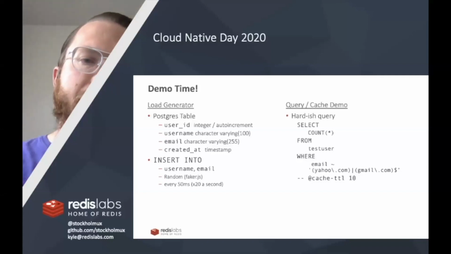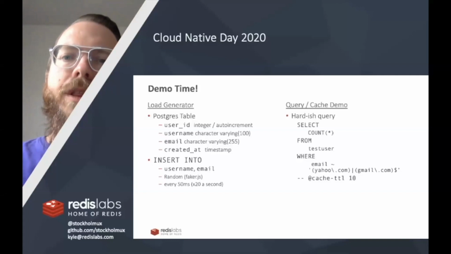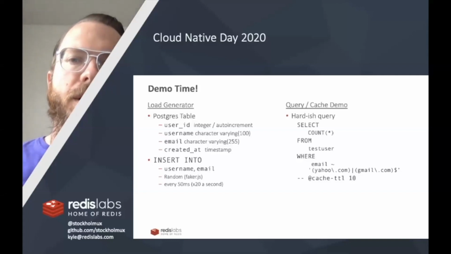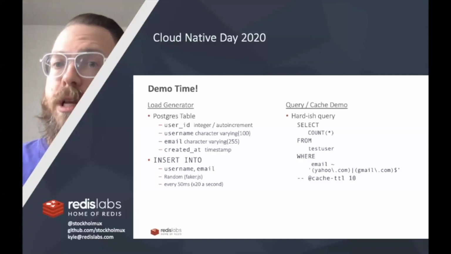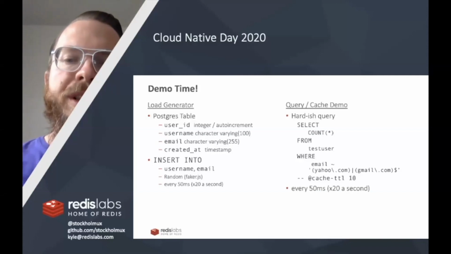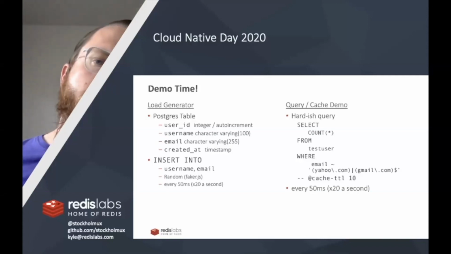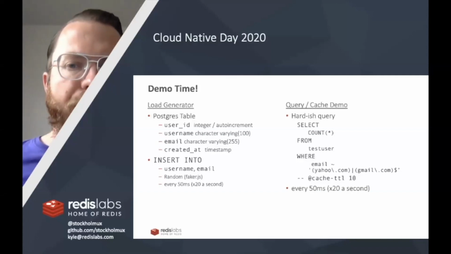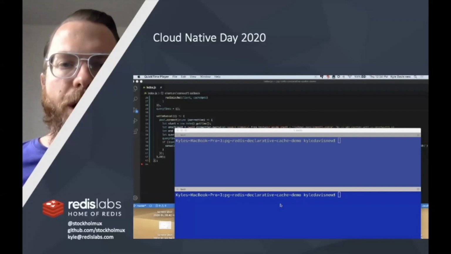The more items you add with the insert into and the load generator, generally the longer it will take for the query to run. So it's a pretty good use where you would want to cache that data. I'm running this every 50 milliseconds, so 20 times a second, and it will run pretty easily. Let's take a look at this and how it works. So first things first, I'll play this.